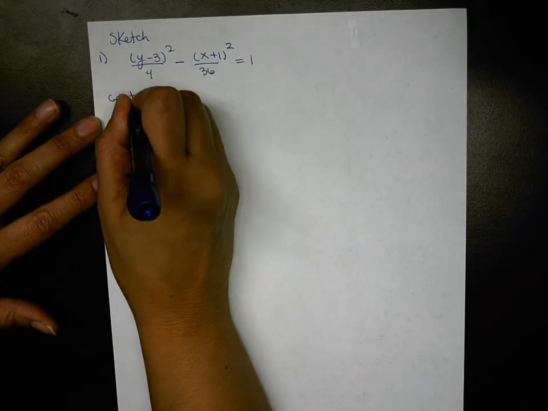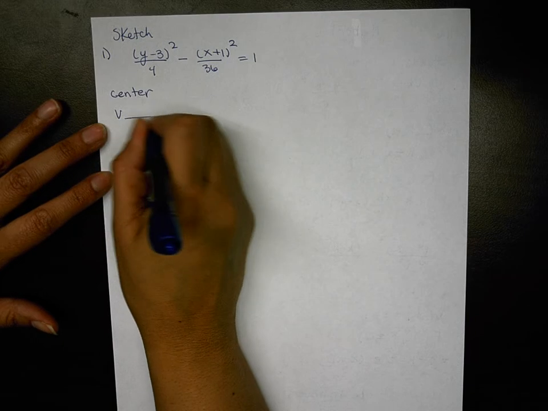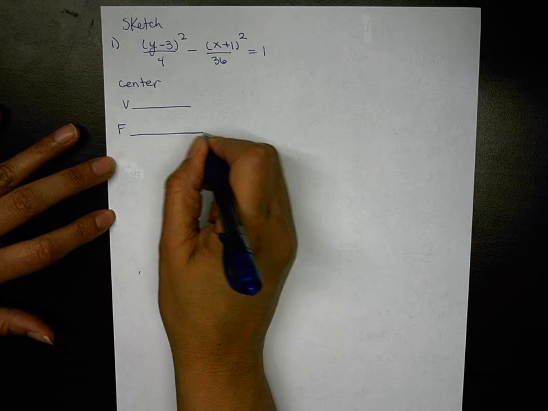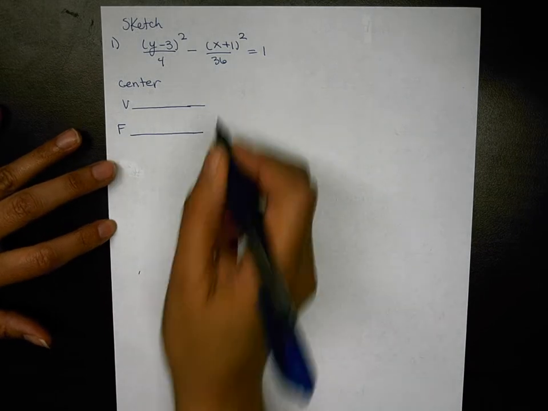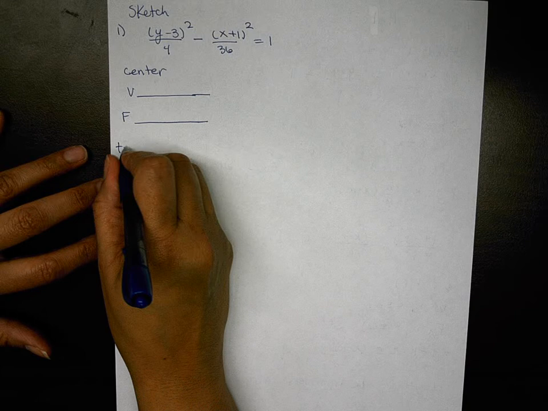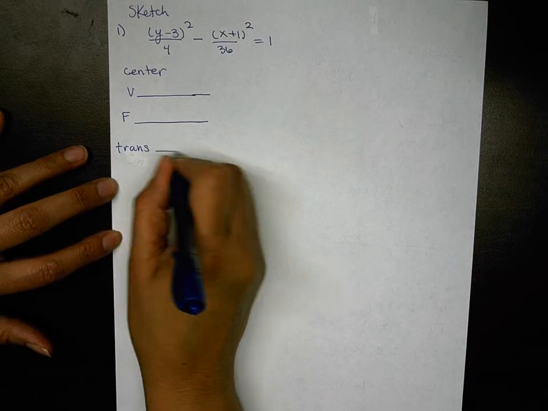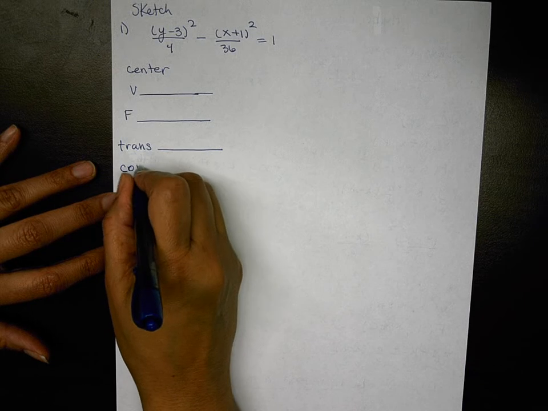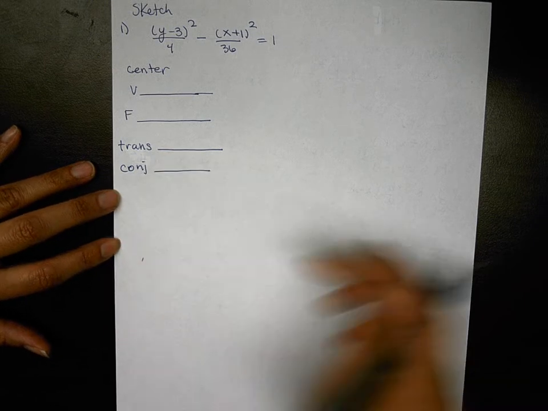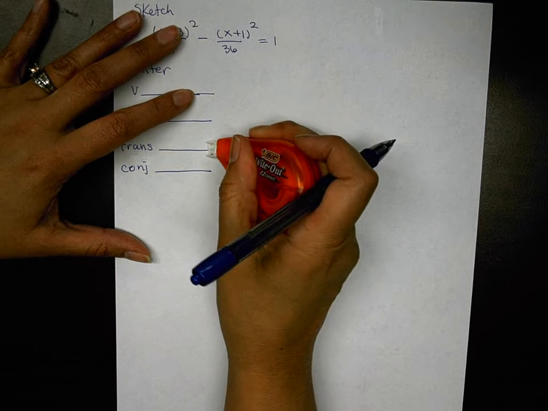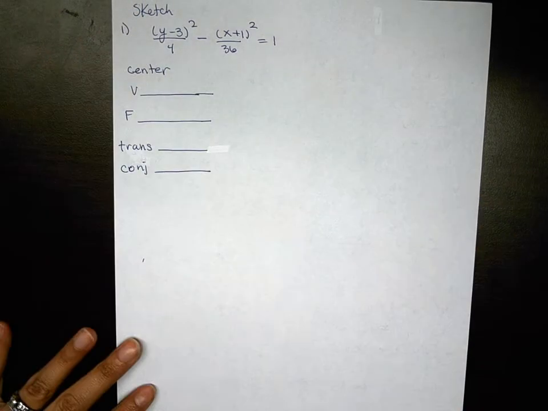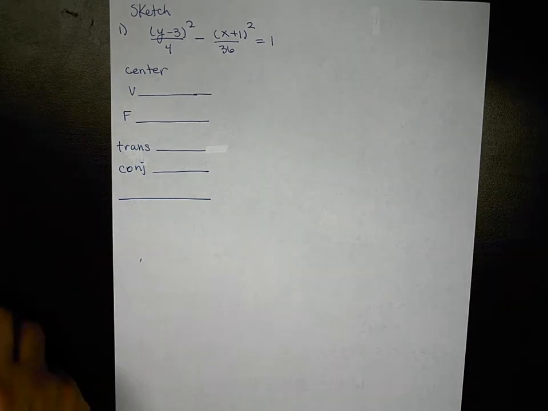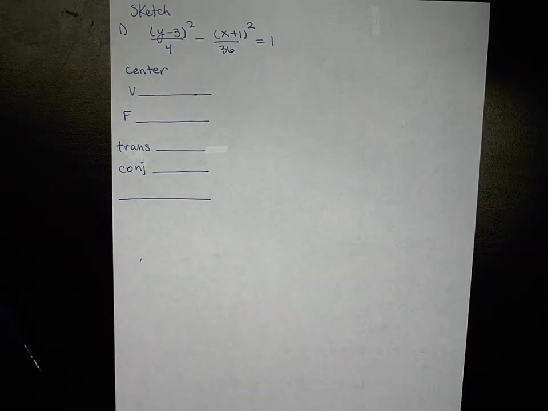Center, V for vertices, F for foci, TRANS for the length of the transverse axis, CONJ for the length of the conjugate axis, and a blank line for the equation of the asymptotes.